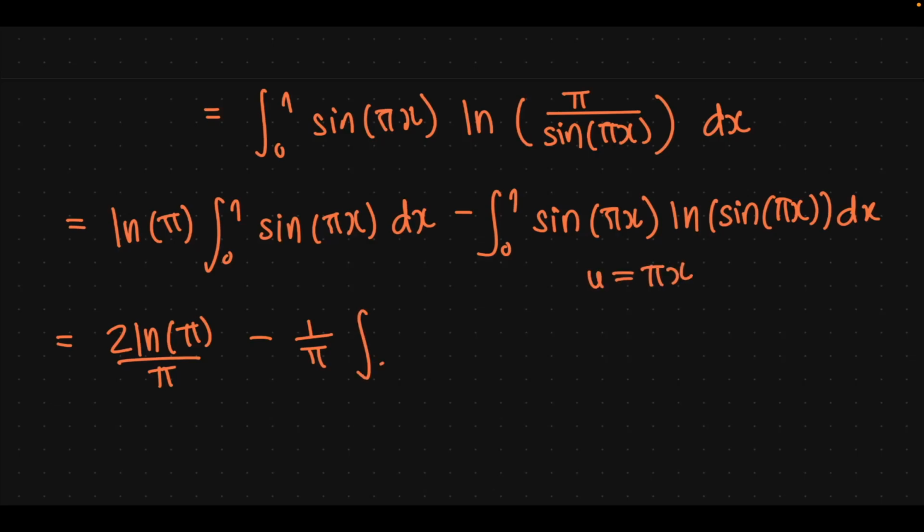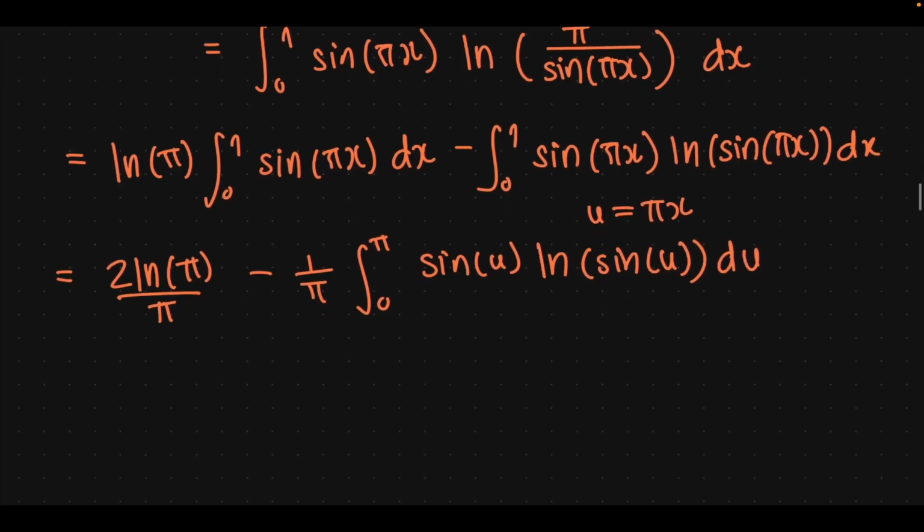So I get 1 over pi integral 0 to 1. Sorry, 0 to pi now with this new change of variables, sine of u ln sine of u du.